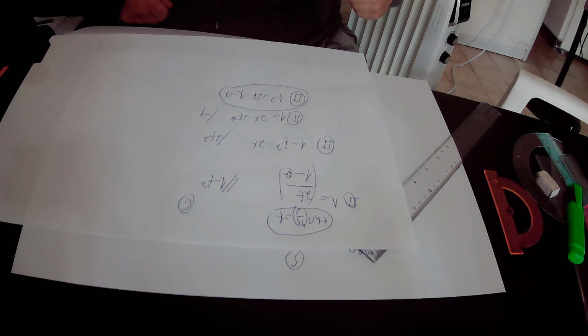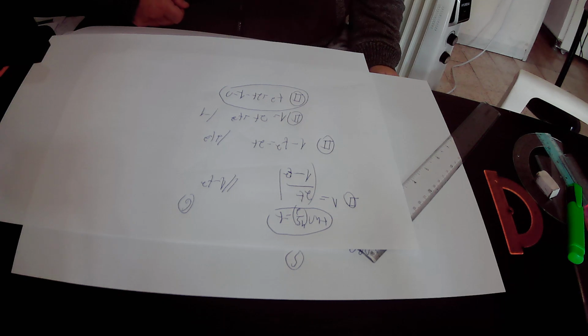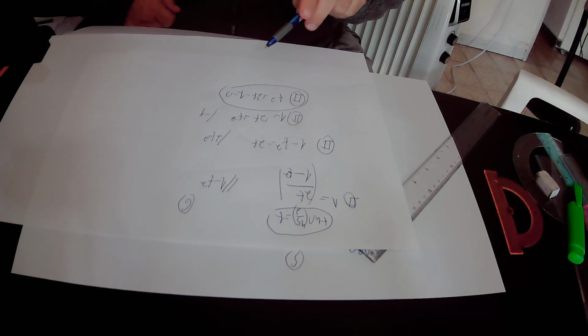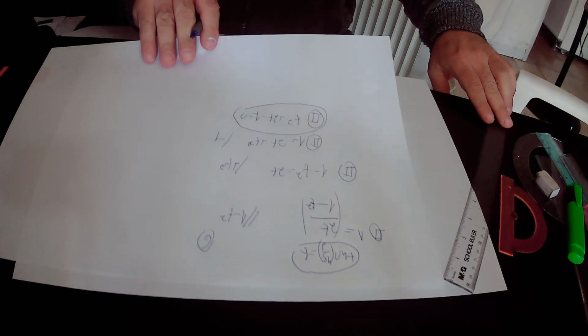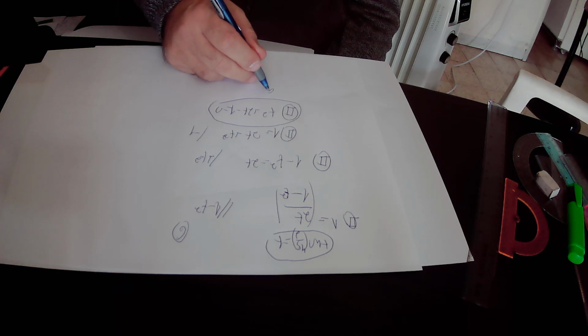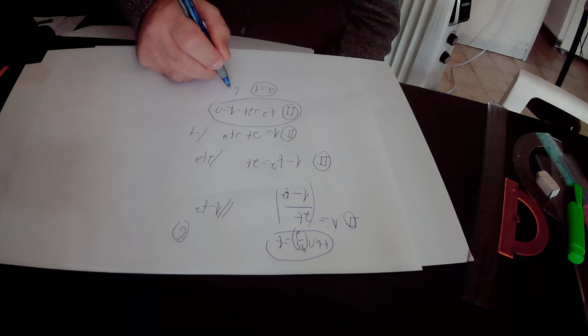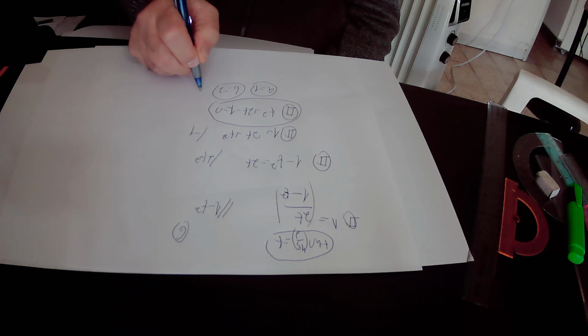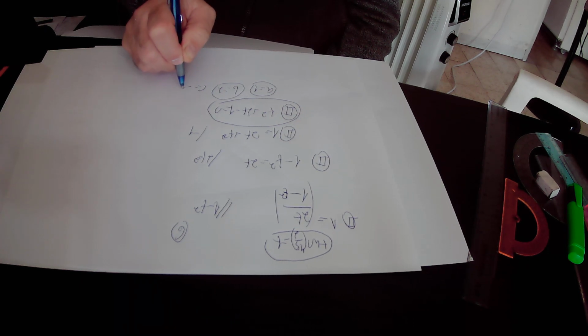So we have here a quadratic equation, t squared plus 2t minus 1 equals 0. The coefficient a in this quadratic equation equals 1. The coefficient b equals 2. And the coefficient c equals minus 1.